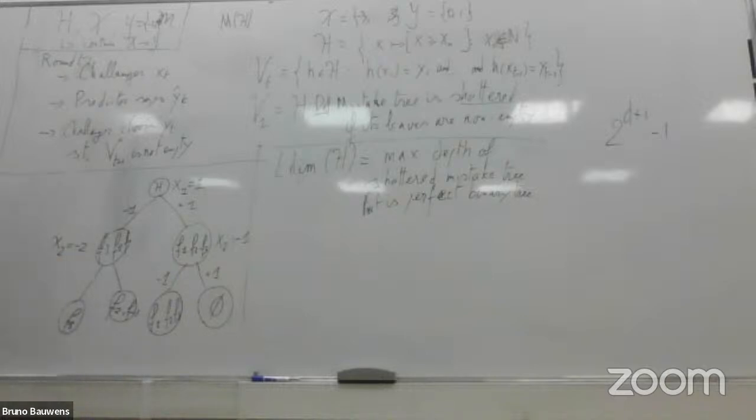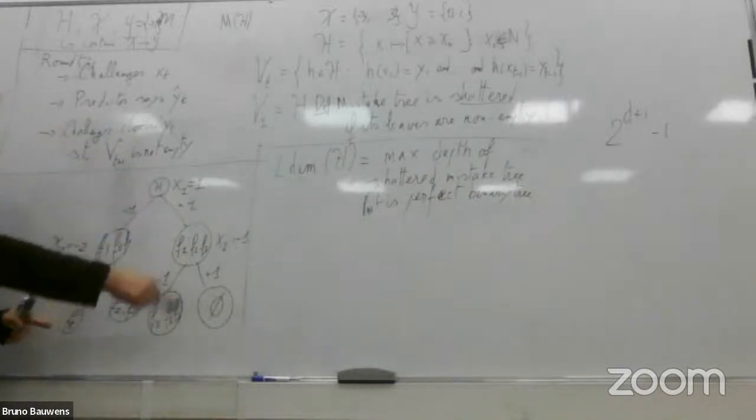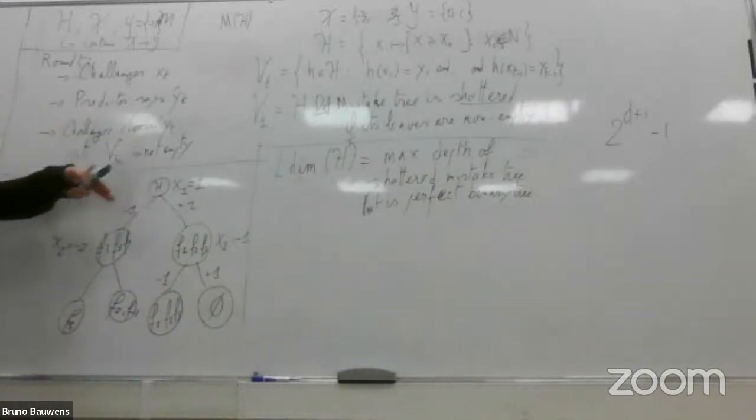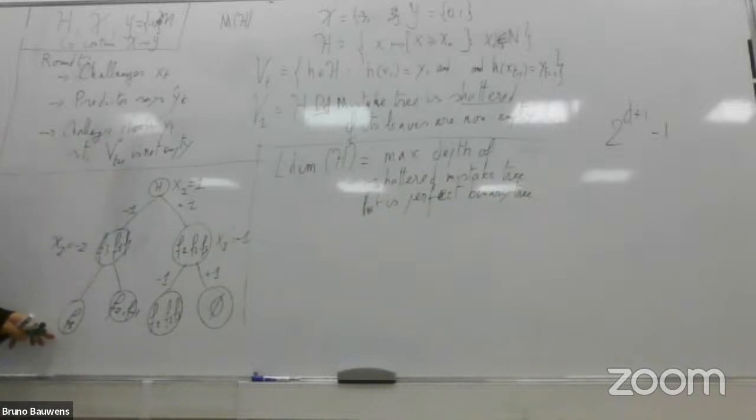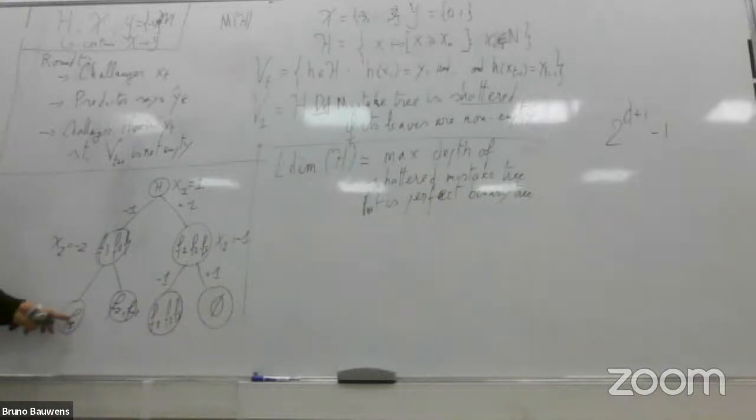So if all the leaves are non-empty, it means that here we have a perfect tree. That means it gives us two moves for challenger, a move of depth 2. If the tree is shattered, then all the leaves correspond to valid sequences of moves.